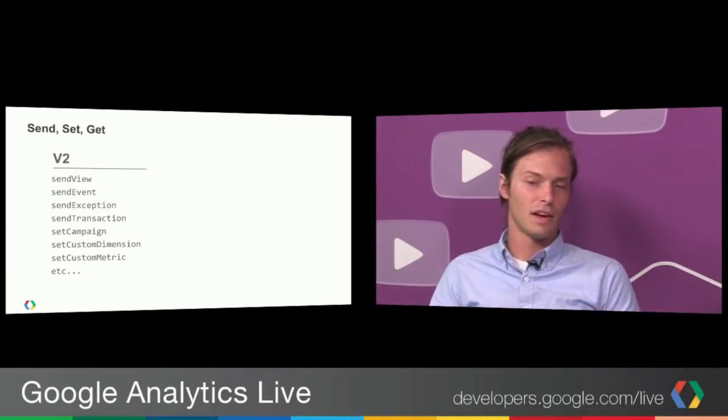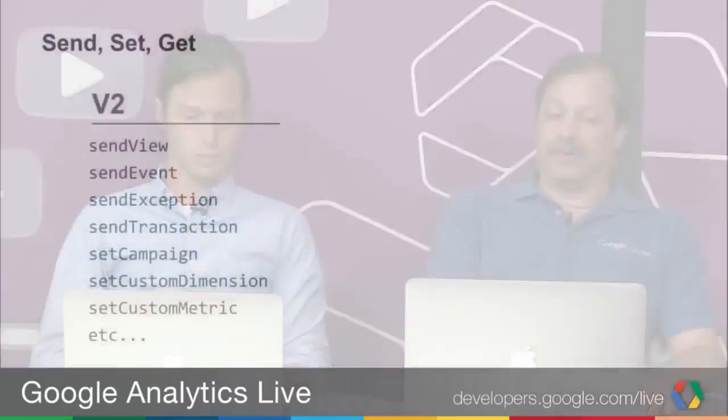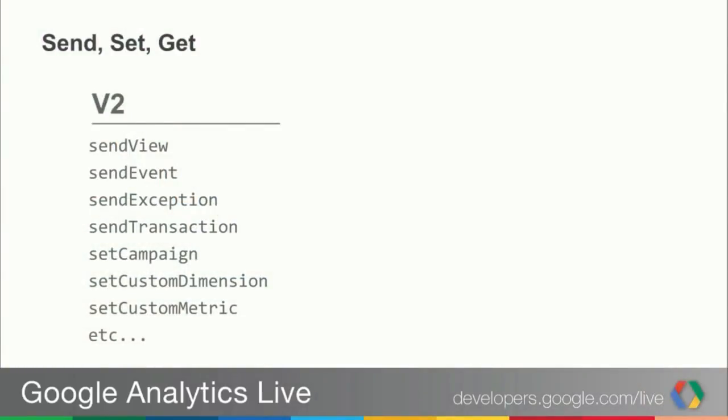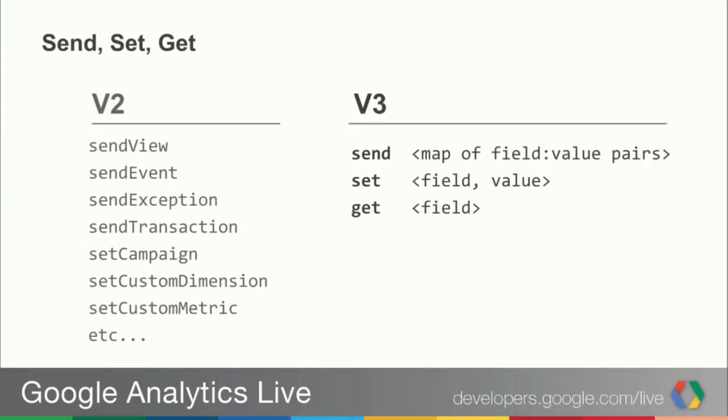Because I know in V2 we had a lot of convenience methods. Right. So V2, we originally started with method calls that started with track, not just send. So you had a track view, track event, track exception, and then we changed those to send to be more in line with what we were doing.